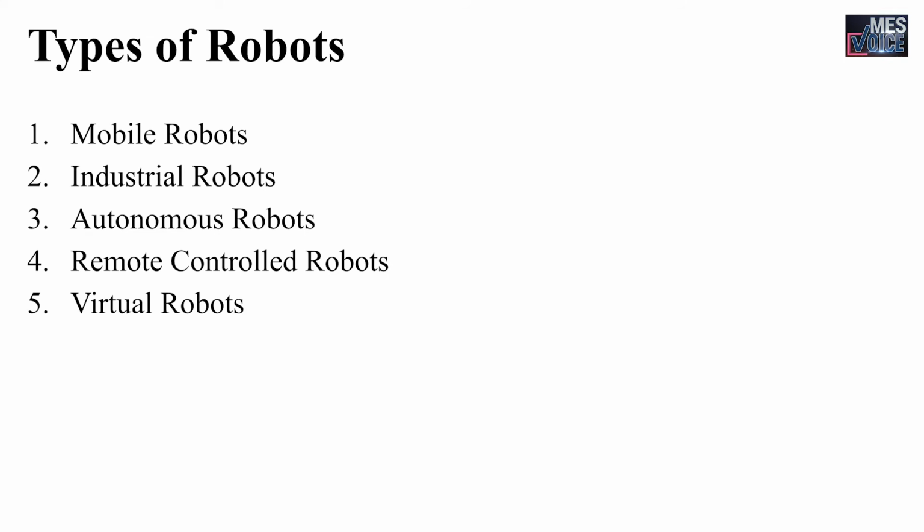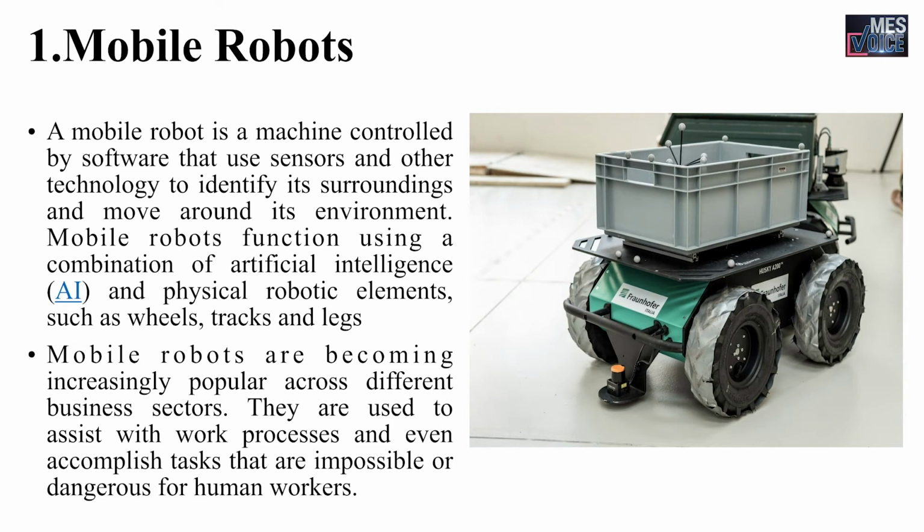Next, we can see types of robots. There are mainly 5 types of robots used in industrial applications. They are mobile robots, industrial robots, autonomous robots, remote control robots, and virtual robots. Now, we can move into the mobile robot. What is a mobile robot? The term itself specifies that it is something moving.